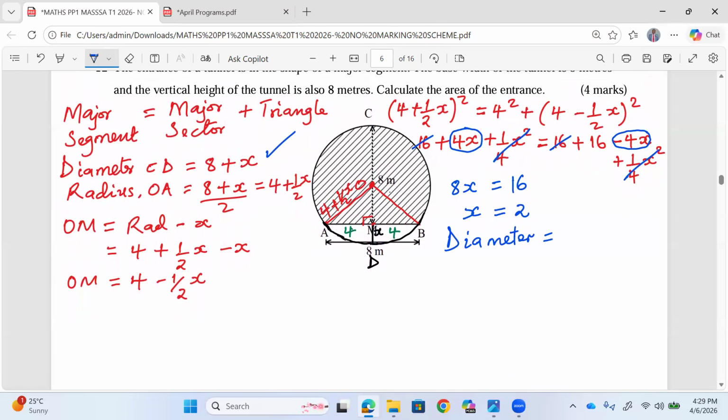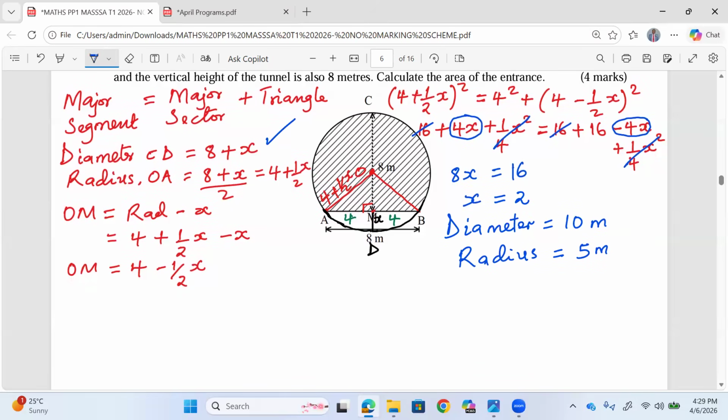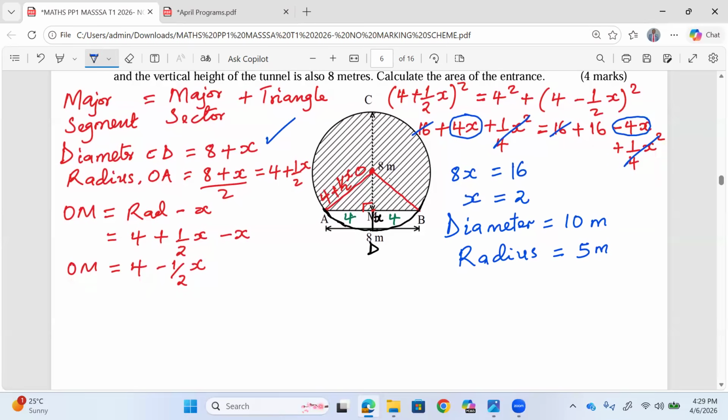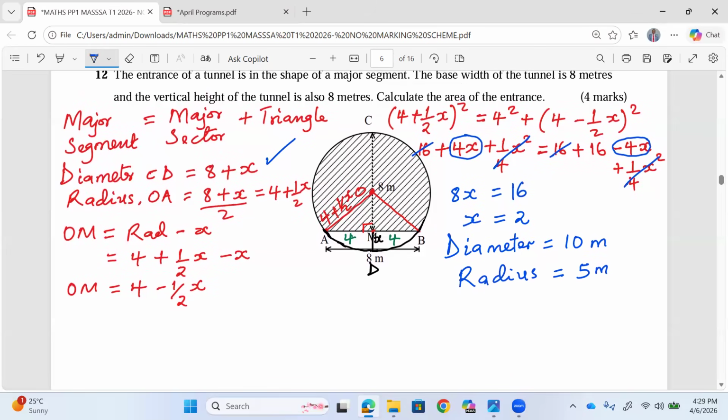Diameter shall be exactly 8 plus 2, which is 10, meaning that radius should be 5 meters, because radius is 4 plus half x, and x is 2. So half of 2 is 1. 4 plus 1 is 5, or rather diameter over 2.